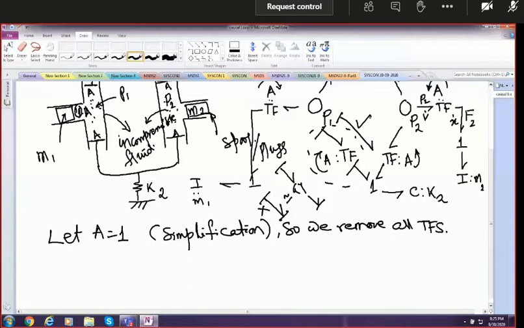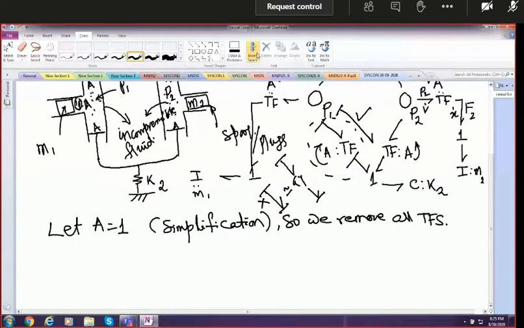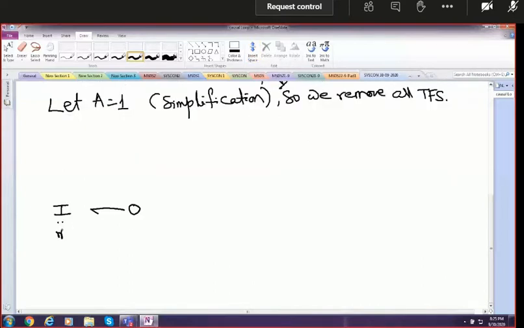So all transformers, I will simply remove, and simplify this model to its simplest form. So I have 0, the transformer and everything is gone. I is to M1, then 1 is to K1.